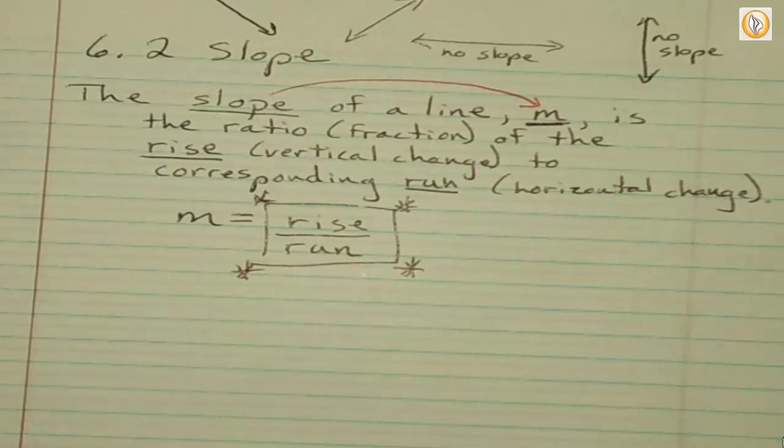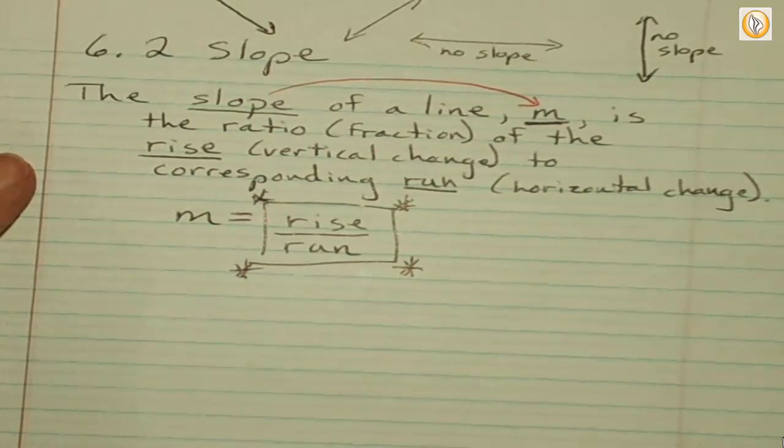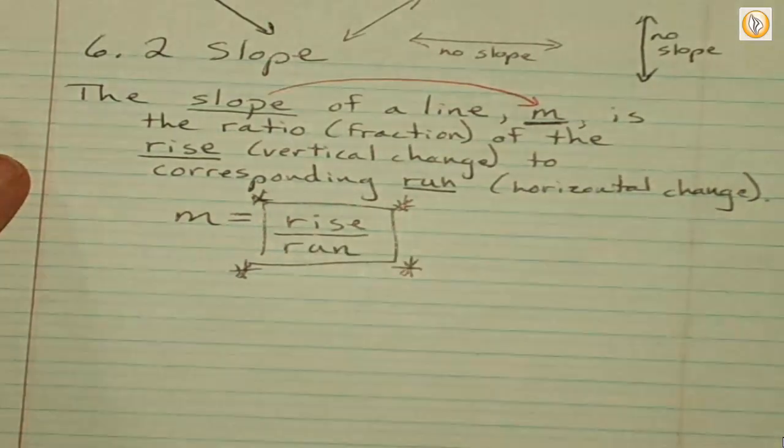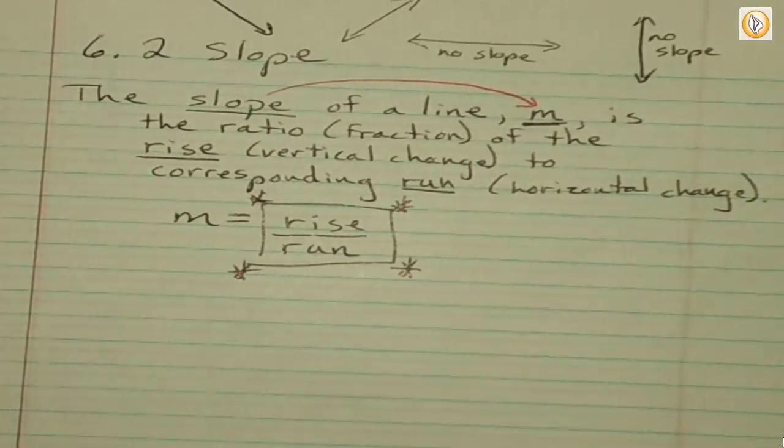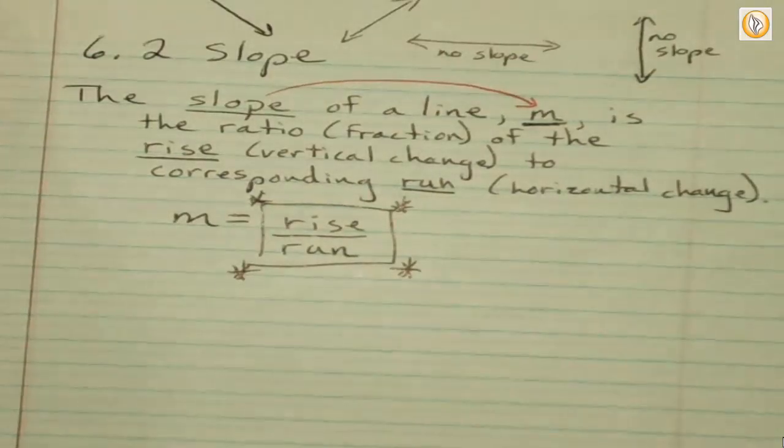And those of you that are new or don't remember from last year, it's okay. I'm going to teach you just like I taught the rest of the class. It's the same as it was last year. Rise over run. You need to remember that. Now, there are two ways of figuring out what the slope is and how to graph an equation. But today we're just talking really about slope.